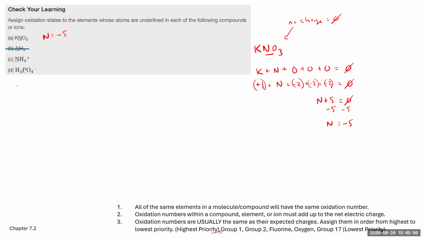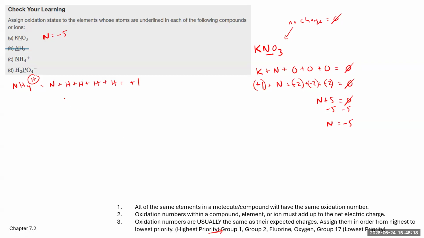All right, let's do NH4 1 plus. So we have nitrogen plus hydrogen plus hydrogen plus hydrogen plus hydrogen equals +1. In order, let's just go down the list here.